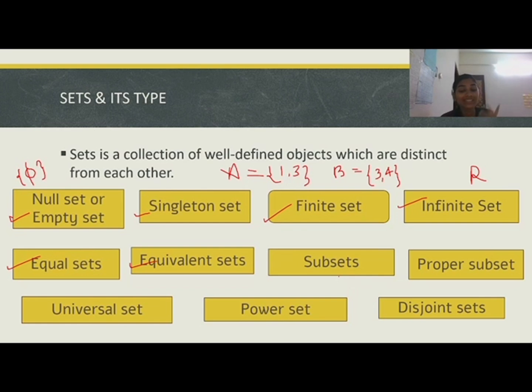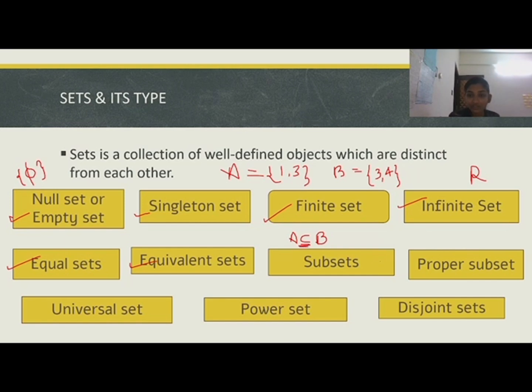Now talking about subsets. See, a subset is nothing but this: when every element of A is related to B, then we call it a subset, and it is represented by this symbol. Over here it is necessary that A has to be equal to B, then only we call it a subset.